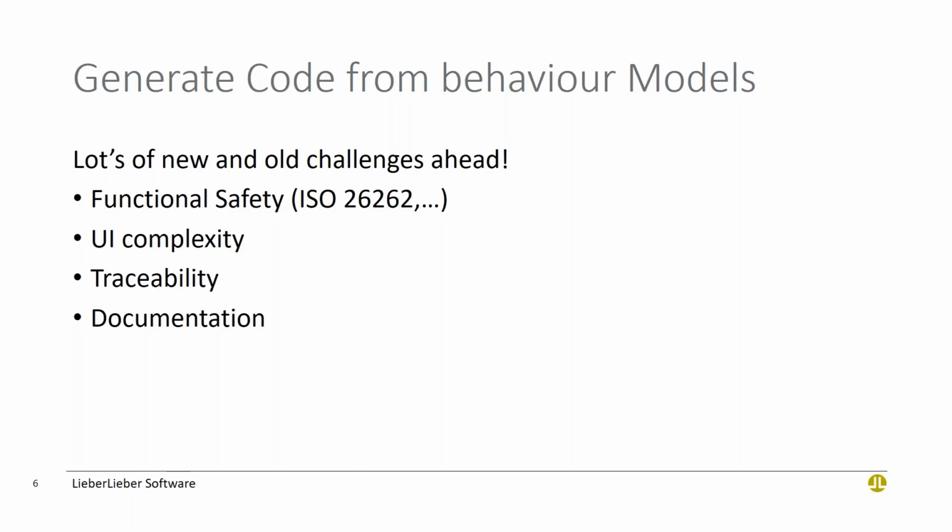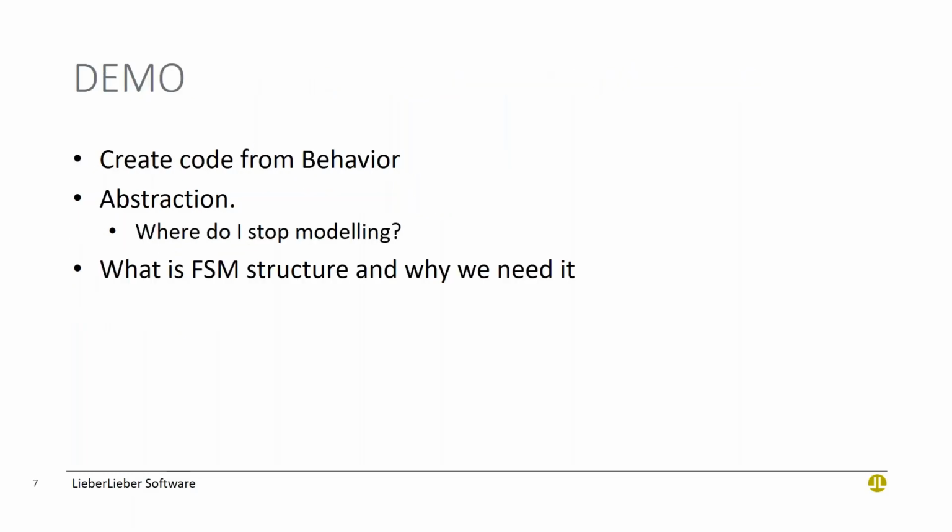As you see in this list: functional safety, complexity, traceability, and documentation. These are issues that demand clear structures, ease of readability, ease of knowledge transfer throughout the developers, and reliable code. And we think that code generation does achieve exactly this. And to show you how to generate code from behavioral models, we have the next demo.